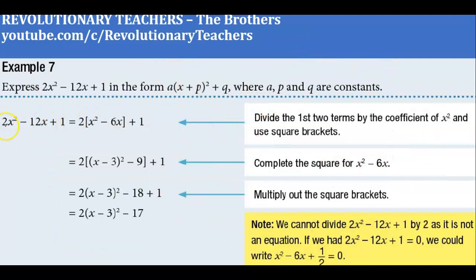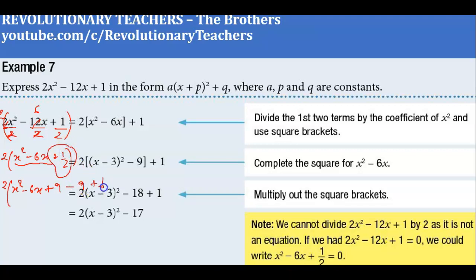See, the coefficient must be 1. So you have to divide this by 2 and you will multiply the expression by 2. So you will be left with 2x square minus 6x plus 1 upon 2, right? Now take these two terms. 2x square minus 6x, last term is plus 9, now minus 9, and keep this as it is.